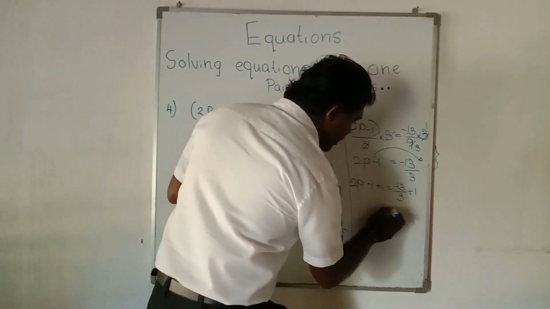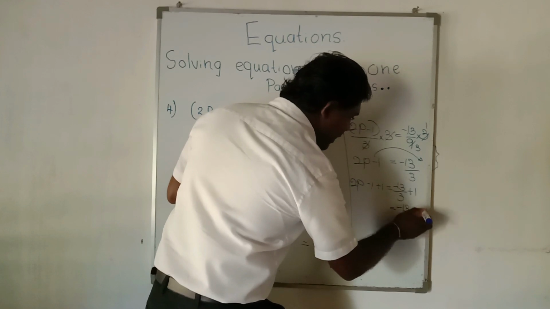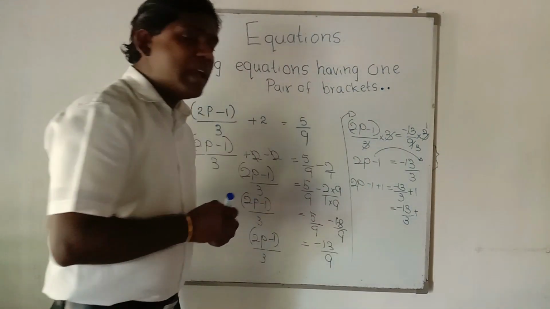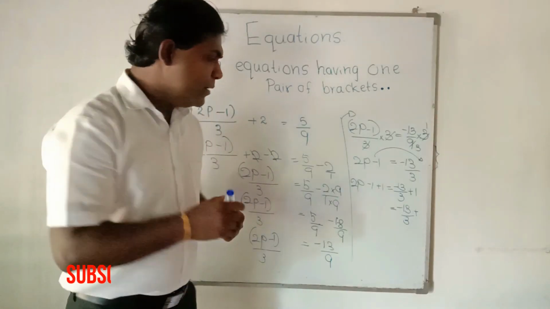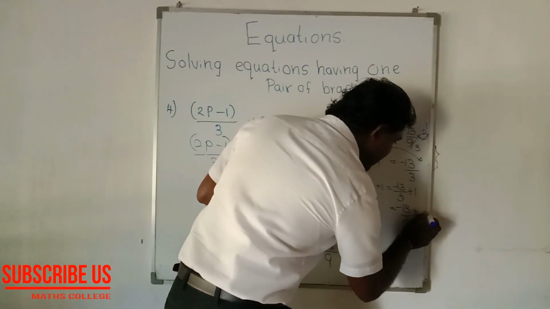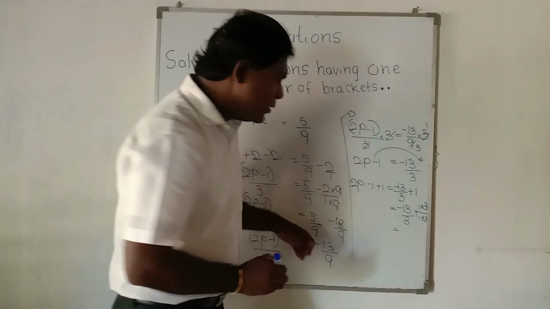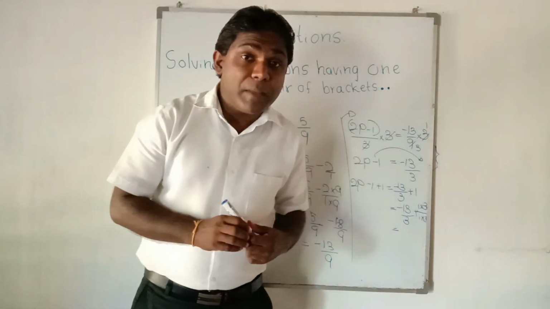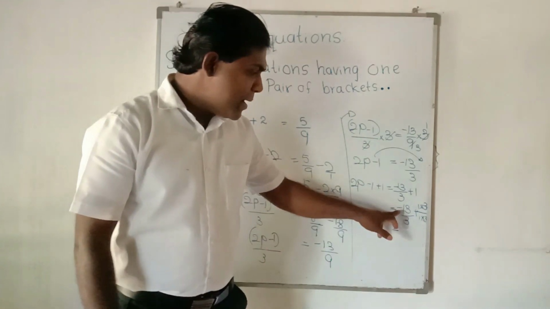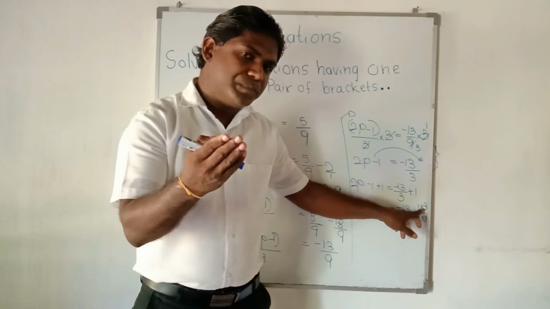Now for minus 13 upon 3, we have to convert the denominator to 3, because 1 multiplied by 3. Now 1 multiplied by 3 means 3. Minus 13 plus 3, what is the answer?